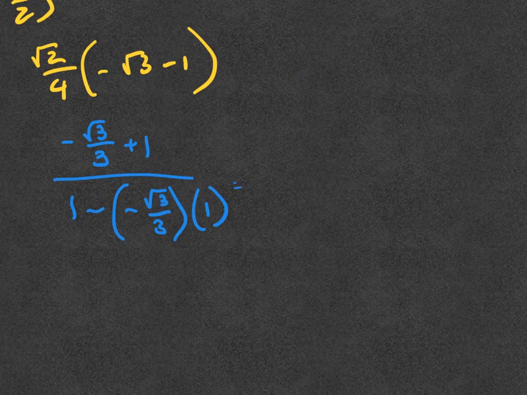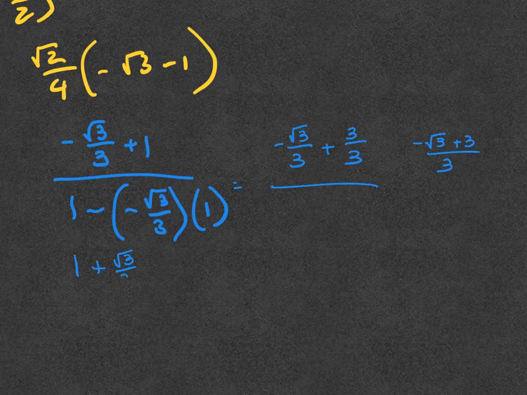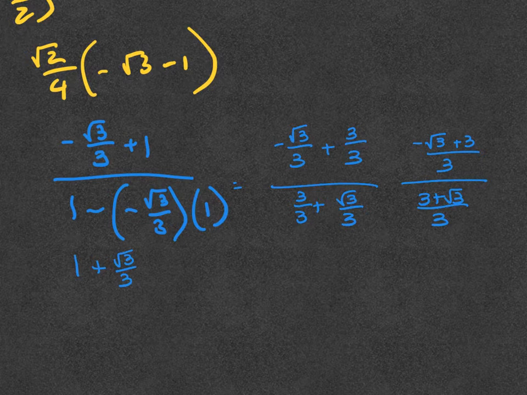So this becomes negative root 3 over 3 plus 3 over 3, so that I can combine that into 1. Negative root 3 plus 3 all over 3 is my numerator. This becomes 1 plus root 3 over 3, and that's 3 over 3 plus root 3 over 3. So 3 plus root 3 over 3.